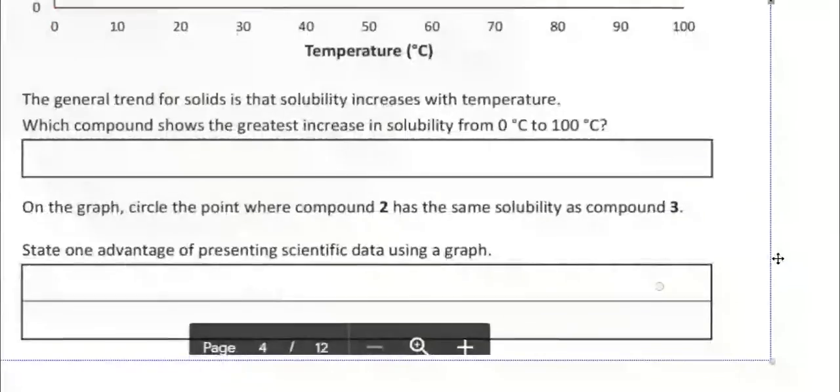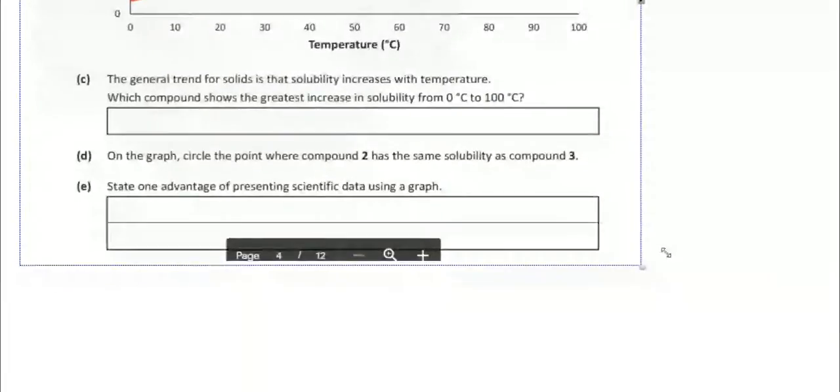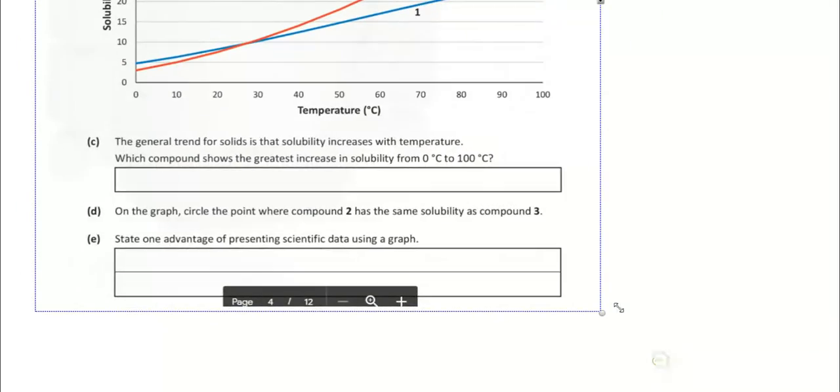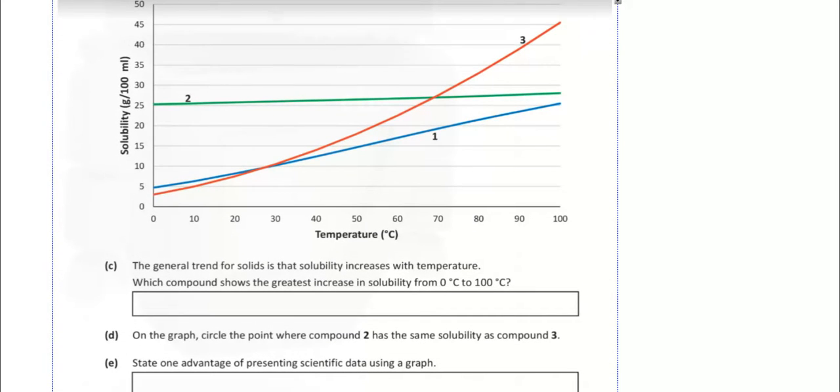Now, let me describe what this diagram actually means. If we take the first, the red diagram, down here at 0 degrees, you can dissolve, let's say, 4 grams of salt in this solution, okay?